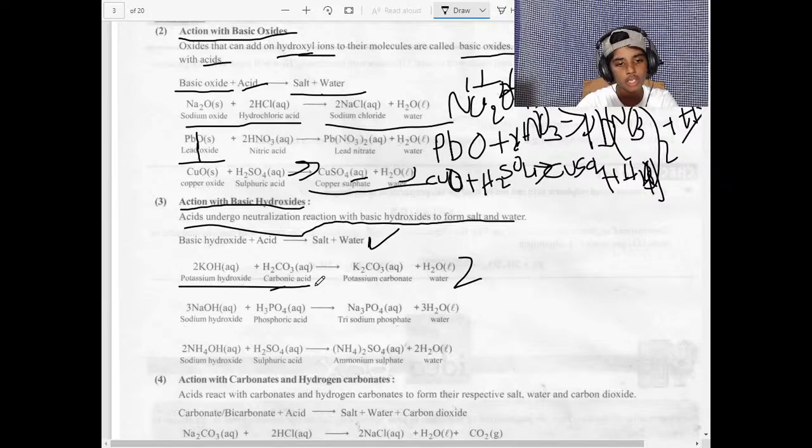Next, potassium hydroxide plus carbonic acid. It will give potassium carbonate plus water.